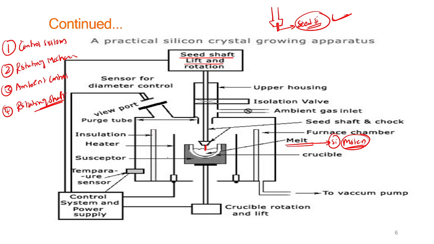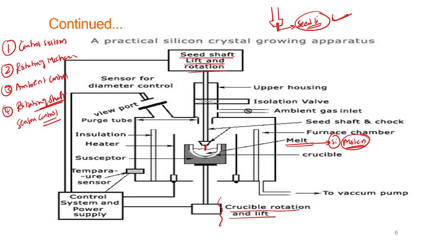There is also sensor control. Normally, the crucible and the seed shaft rotate in opposite directions.